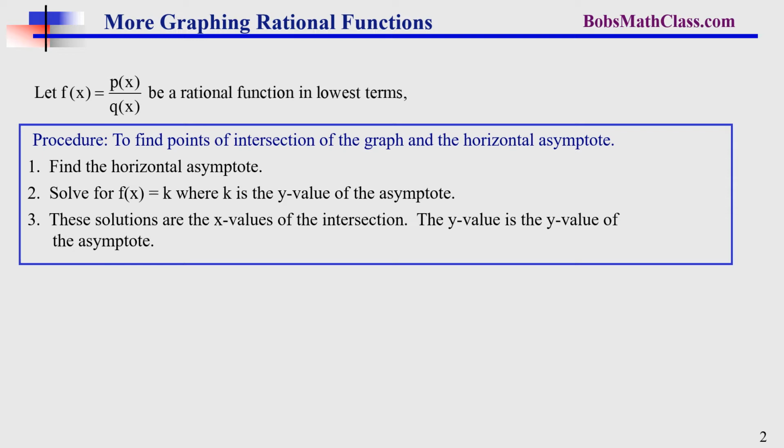Then we're going to solve for f of x equals k, where k is the y value of the asymptote. So if the horizontal asymptote is y equals 5, you set the function equal to 5. Then these solutions are the x values. Of course, the y value is the one we already have, which is the y value of the asymptote.